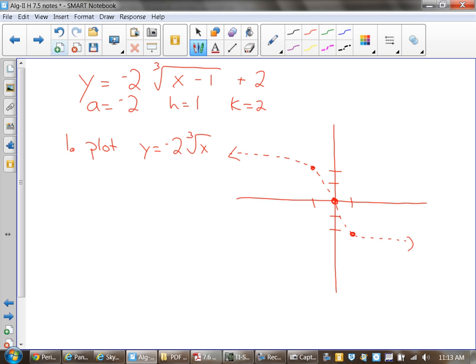And now I just have to shift everything. I have to move everything to the right 1 and up 2. And there's my new graph.